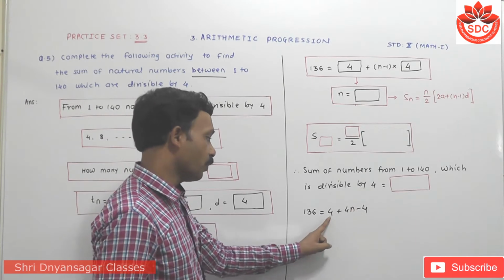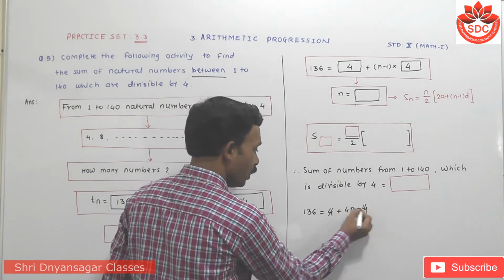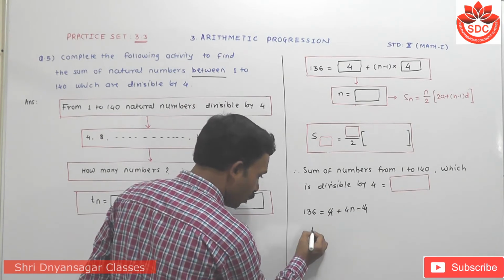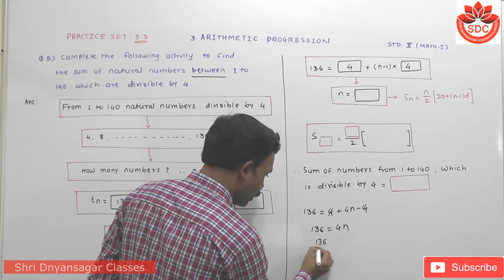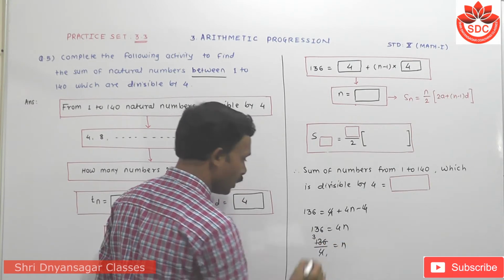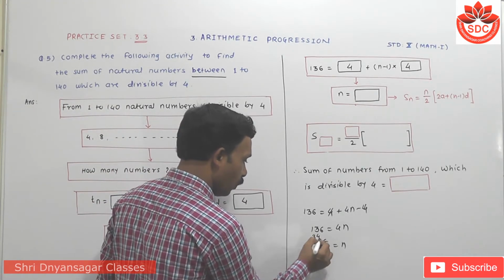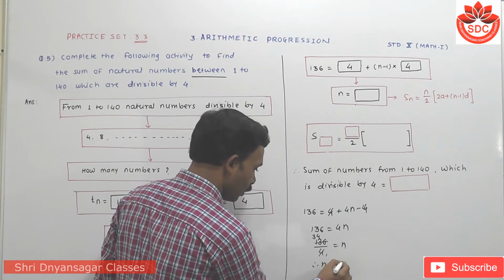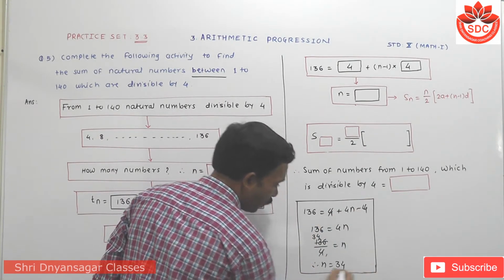Then minus 4 and plus 4 get cancelled, so this becomes 4n. Then this 4 goes to the denominator, so 136 upon 4 is equal to n. 4 ones are 4, 4 threes are 12, carry 1, becomes 16, 4 fours are 16, so n is equal to 34. Now this is our calculation for n.